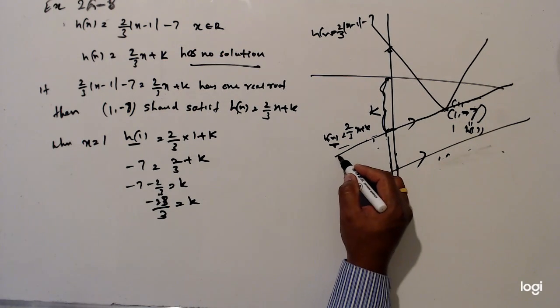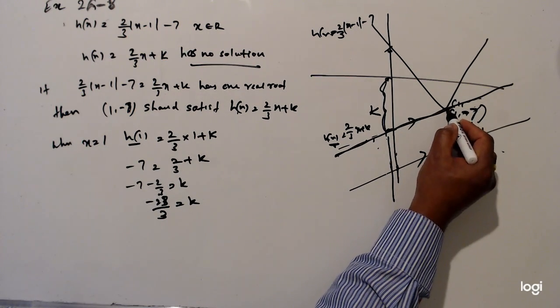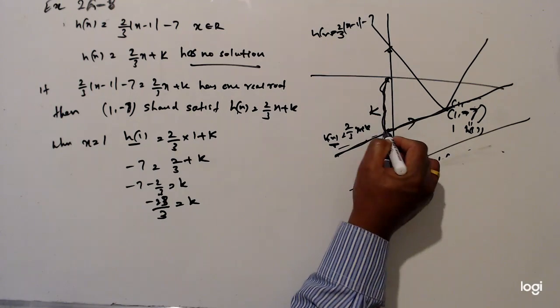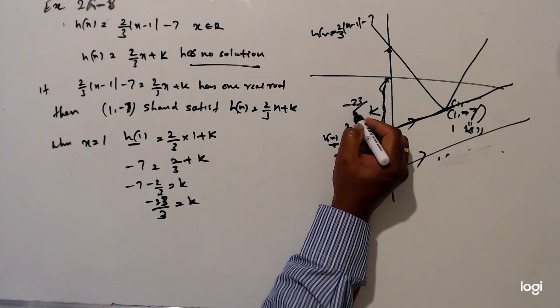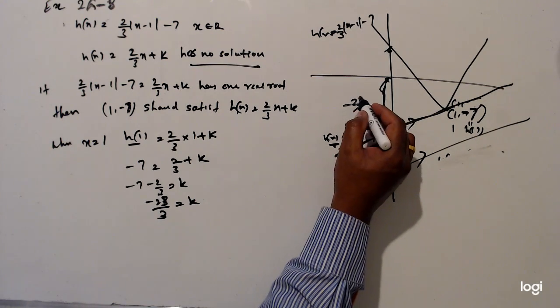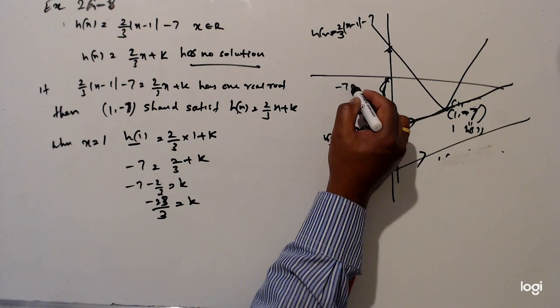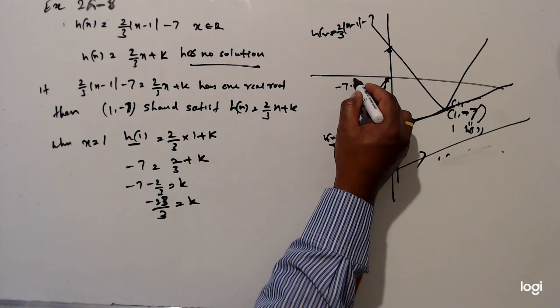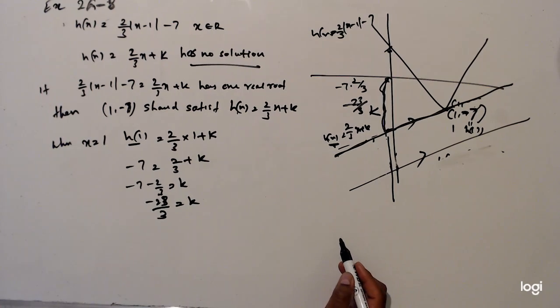So if this line and graph intersect at one point, then this height is minus 23 over 3, which is 3 times minus 7, 23 as a mixed number.